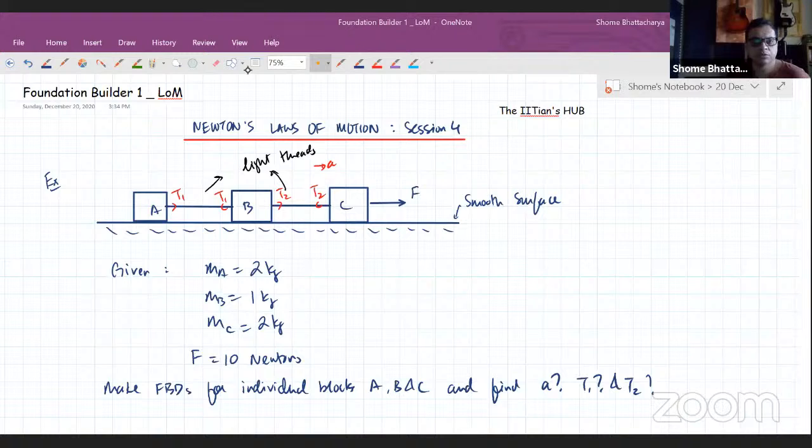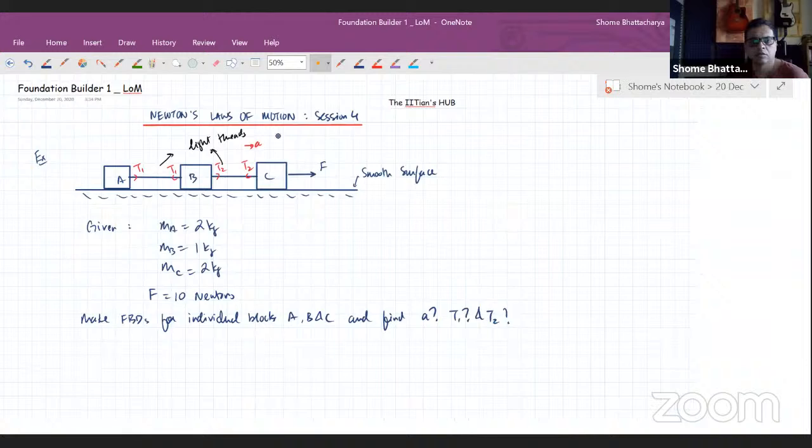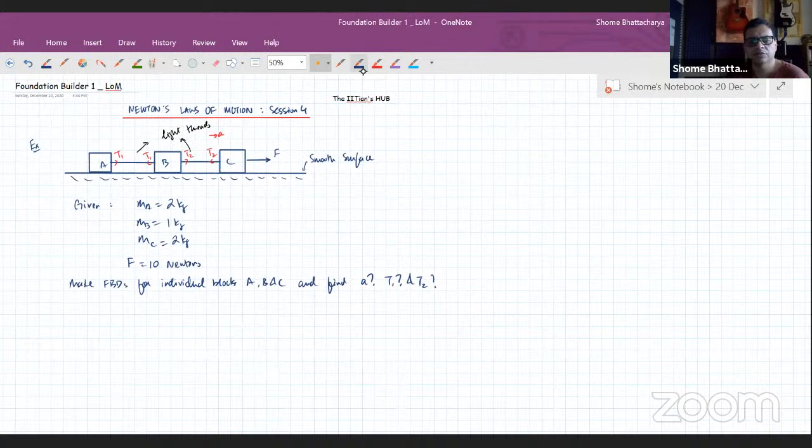Okay, so let's begin with this question. So let's start by making the free body diagrams of the individual blocks. If we look at block A, there is one horizontal force, tension T1, weight, normal reaction, and it will have an acceleration a.